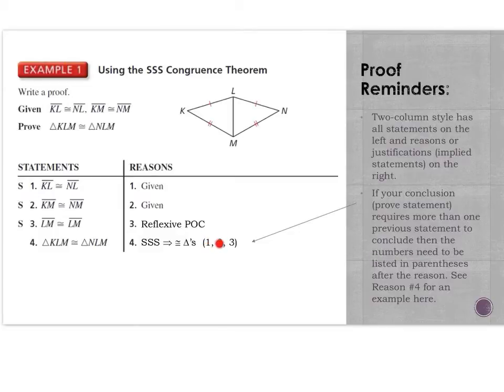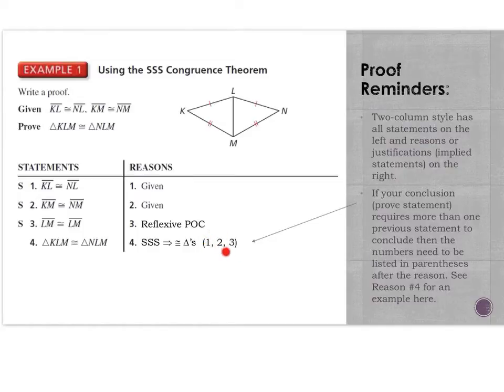We needed to say that KM was congruent to NM, so that's statement 2. We needed to say that LM is congruent to LM, which is statement 3. And because of all 3 of these statements, we can conclude these triangles congruent. So the reason is all this, and we're including the additional statements that are necessary.